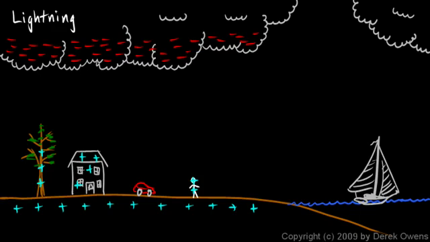Now, when something is charged, the charge tends to concentrate on the corners and the pointy parts of an object. So it's going to be the corners of the house up here and the treetops, the tips of the limbs, that develop a lot of positive charge. This is also going on in the water over here. Electrons are repelled through the water, and the boat becomes positively charged, and the tip of the mast up here in particular becomes very strongly charged, all the little pointy parts.